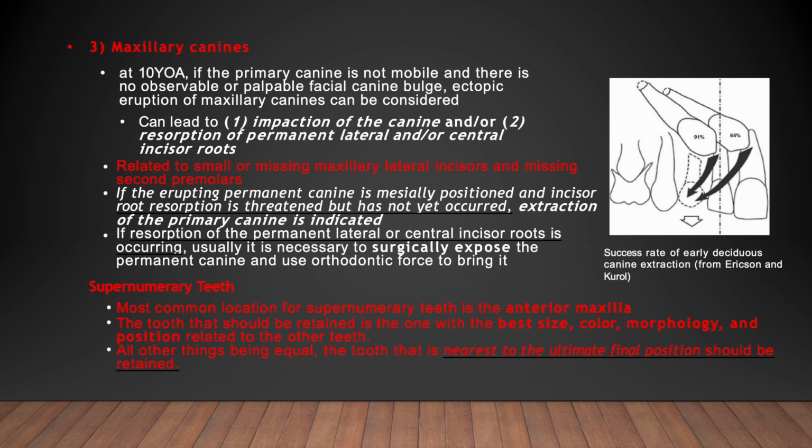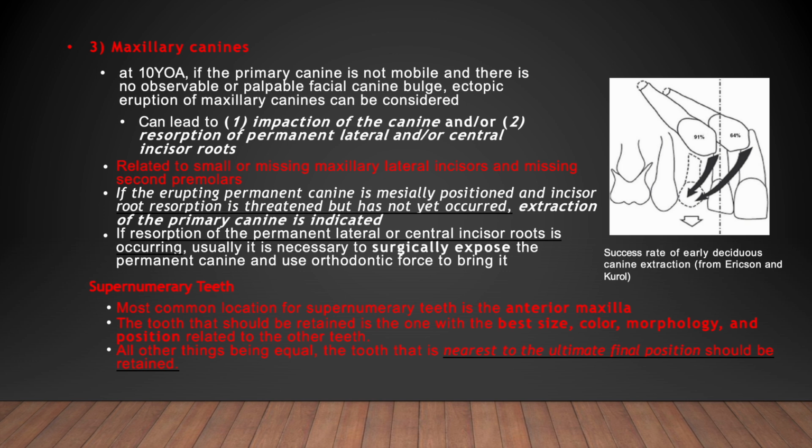And if this maxillary canine is mesial to that line, so let's say it's almost touching the root of the central incisor, then you only have a 64% chance of bringing this canine in without surgically exposing it.